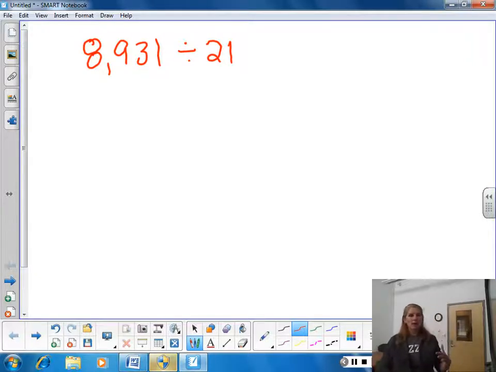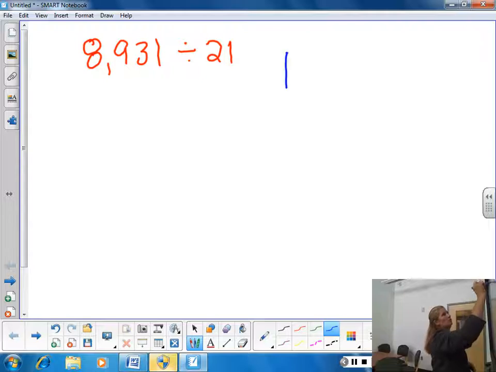And so you have to rewrite that into the correct format to do the problem. And so remember, the correct format is the dividend that goes first in this format goes underneath when you rewrite it.